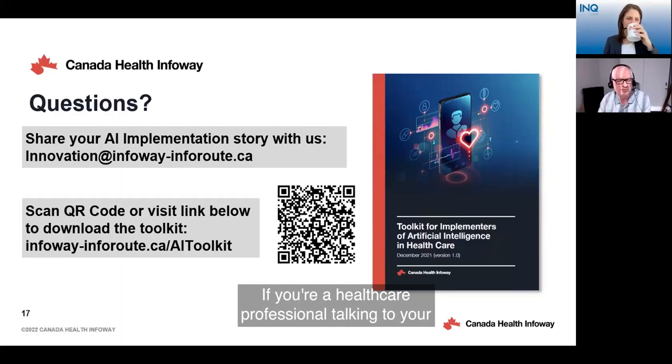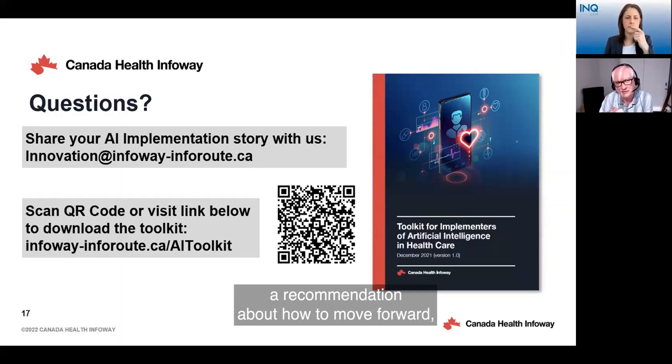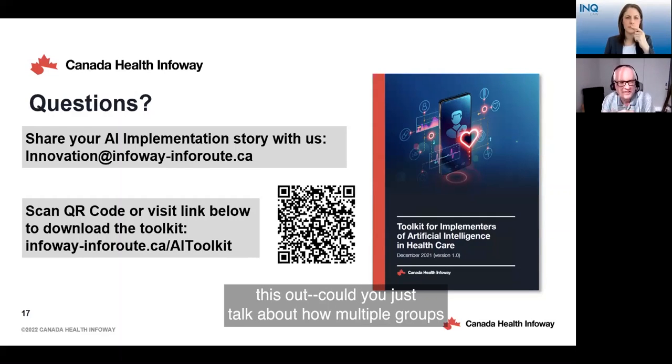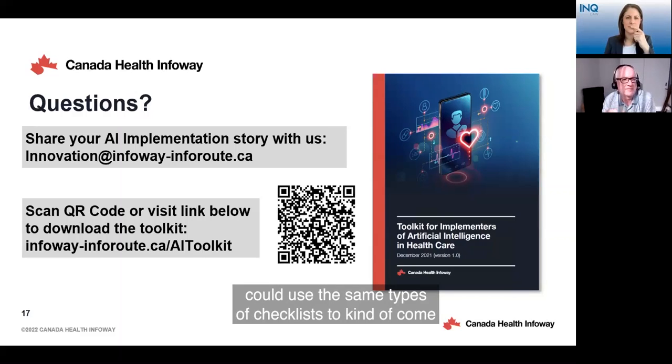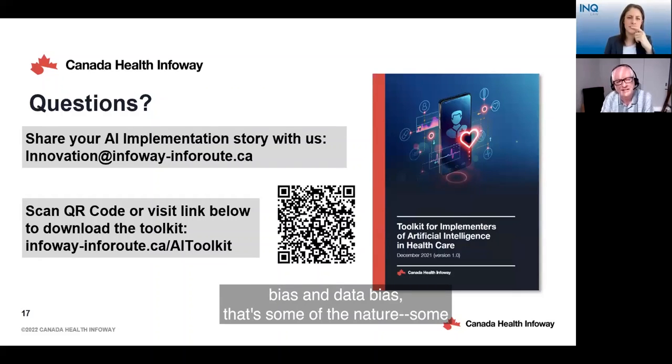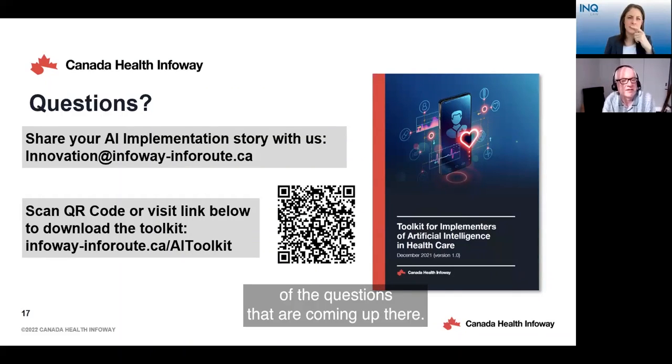If you were a healthcare professional talking to your patient about how an AI solution helped make a recommendation about how to move forward. If you were a data scientist trying to figure this out, could you just talk about how multiple groups could use the same types of checklists to come up with a conclusion on it? And I just picked algorithmic bias and data bias. Those are some of the questions that are coming up there.